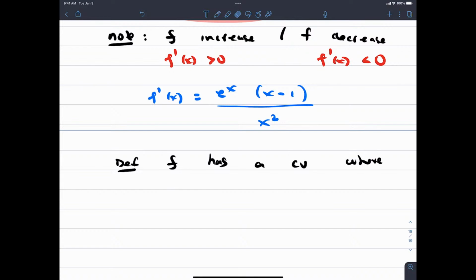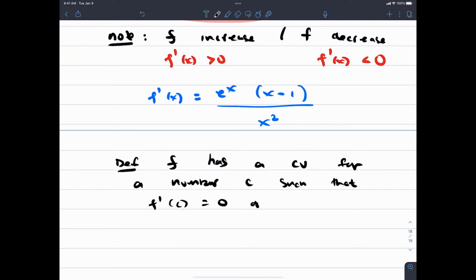F has a critical value for a number c such that f prime of c equals 0, or f prime of c does not exist.